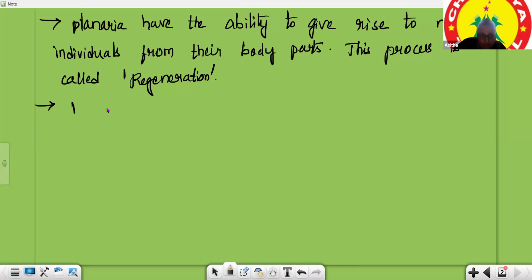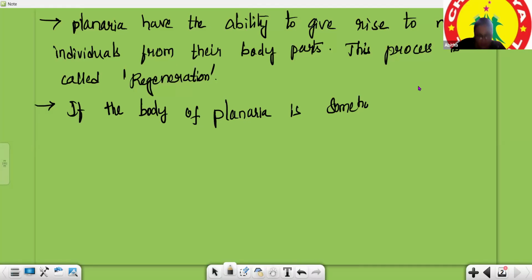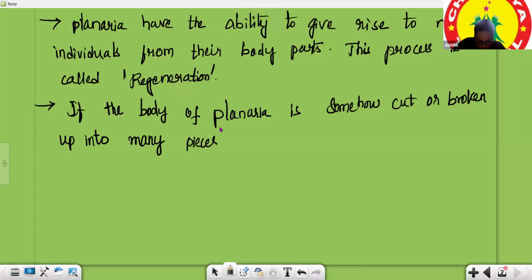If the body of Planaria is somehow cut or broken up into many pieces, each piece grows into a complete organism.